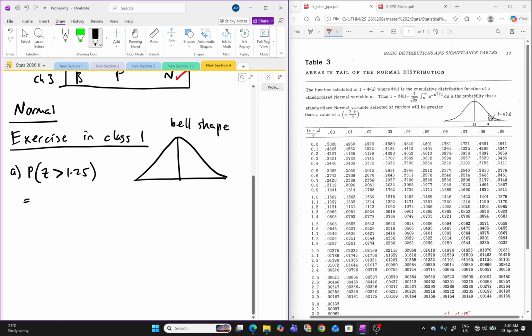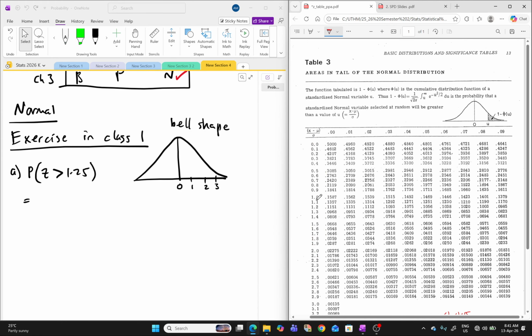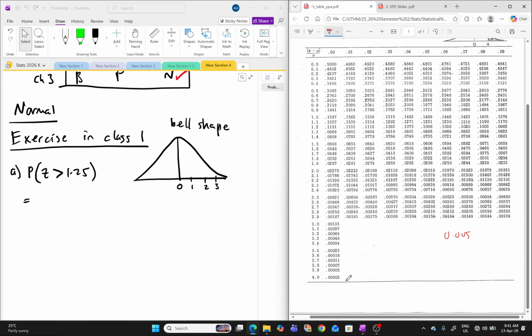It starts from here 0, 1, 2, 3, and some tables go until 4. You can see here, 0 until it goes until 4. So you can put a 4 here, but 4 normally we don't use much.